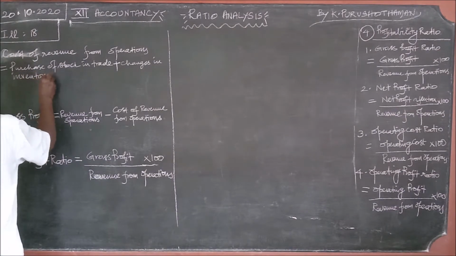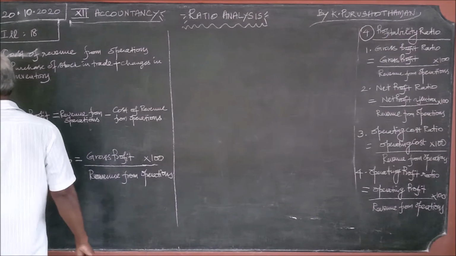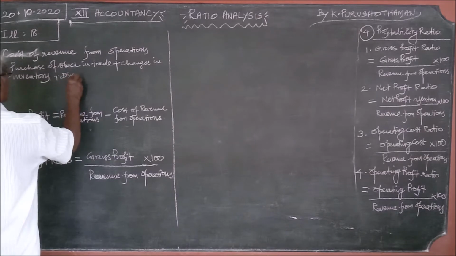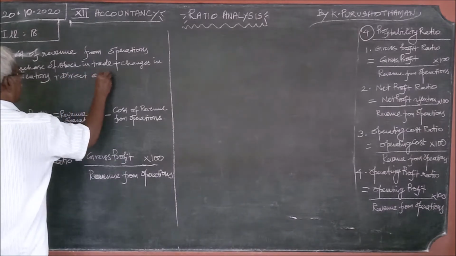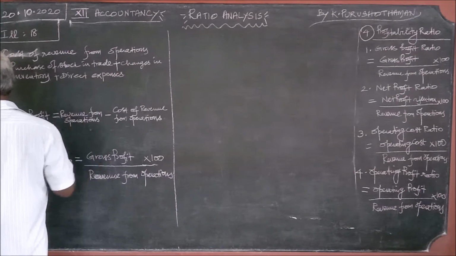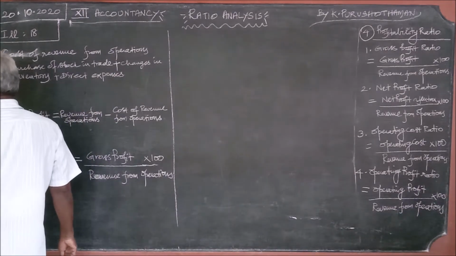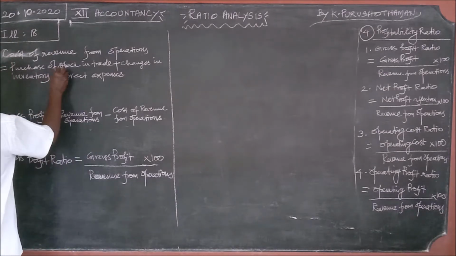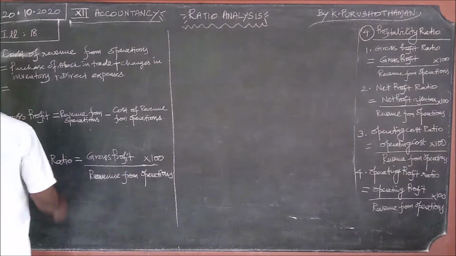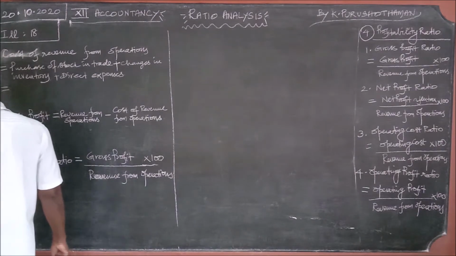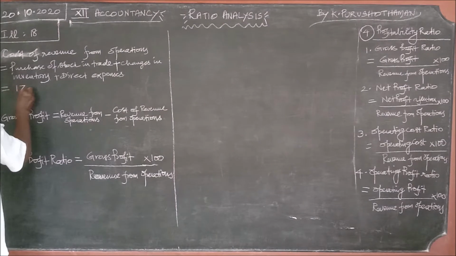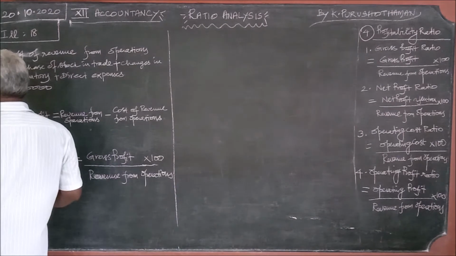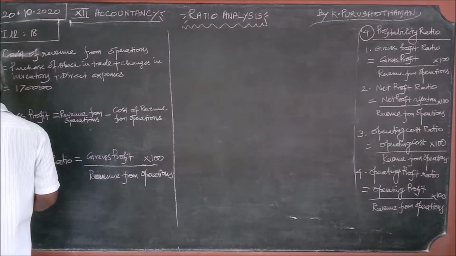This we have seen already in the previous problem. Changes in inventory plus direct expenses. Here the direct expenses is nothing. This is the formula. So this is equal to purchase of stock in trade 17,000 and changes in inventory, there is a small minus symbol.